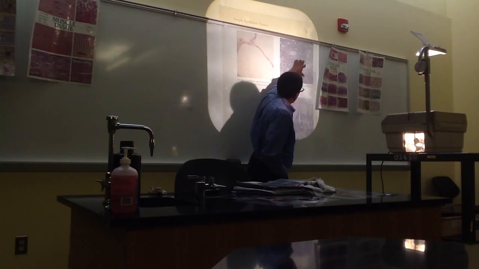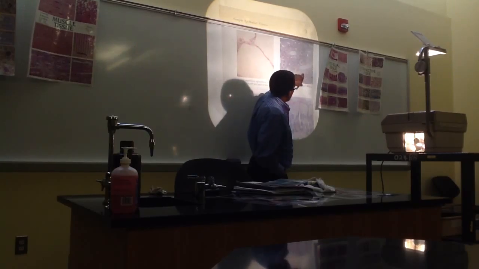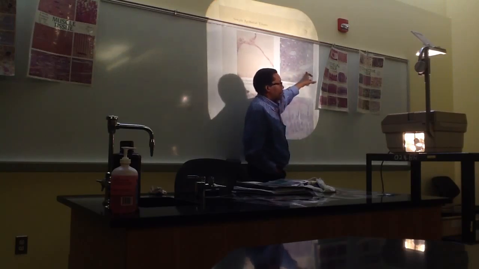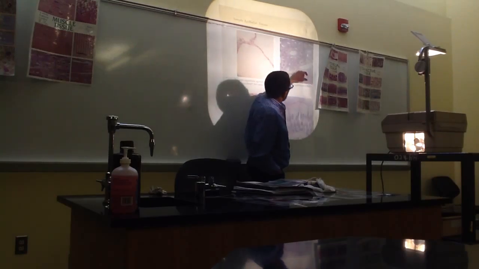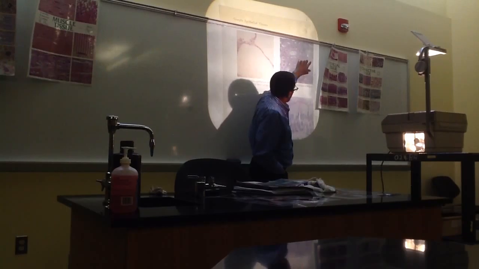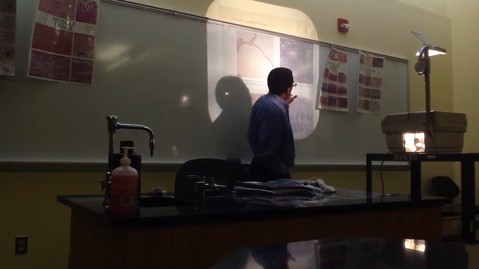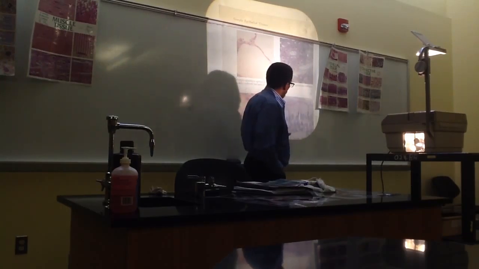Basement membrane, free space, one layer of cells, what shape? Relatively round, almost centrally located nucleus. This is sort of, it looks like it's in transition, this cell. But that cell, the nucleus is more centered, these are more centered. So this would be simple cuboidal epithelium.